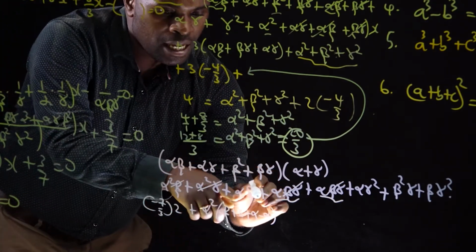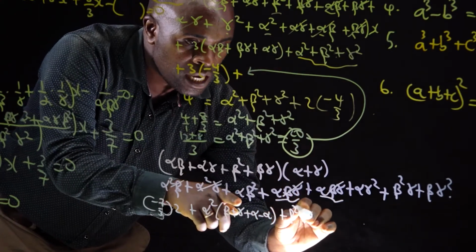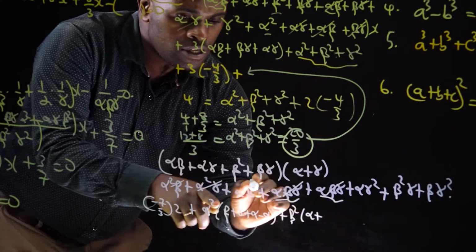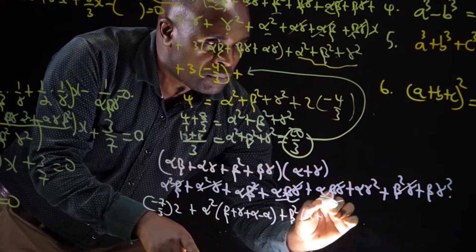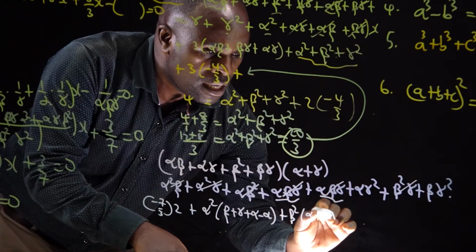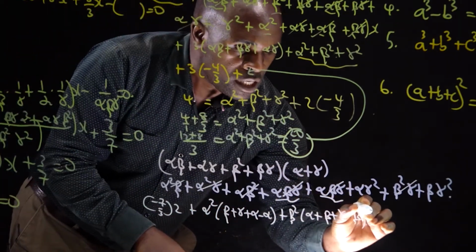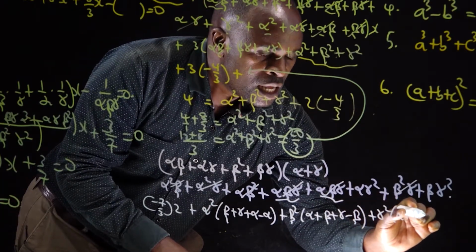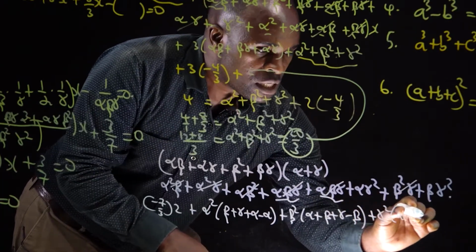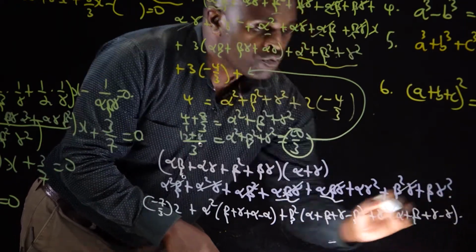Again, I'm taking beta square outside, taking alpha plus gamma. So beta is missing; I'm adding plus beta and subtracting beta. In the same way, gamma square: I'm taking alpha plus beta, so gamma is missing; I'm taking plus gamma minus gamma.